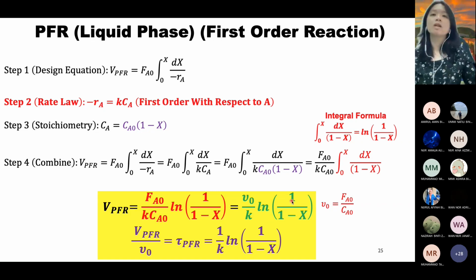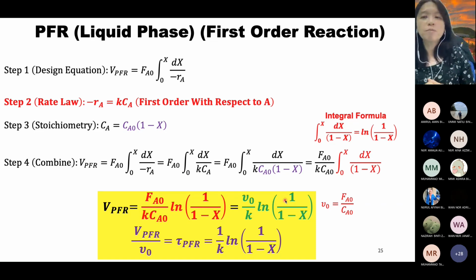Meaning to say, you can still find the volume of PFR if you know epsilon naught, you know K, you know X, or vice versa. Maybe I ask you to find epsilon naught. So you know volume, you know K, you know X, you can also find epsilon naught. Okay, so in test or final exam, I only provide you the red font equation.